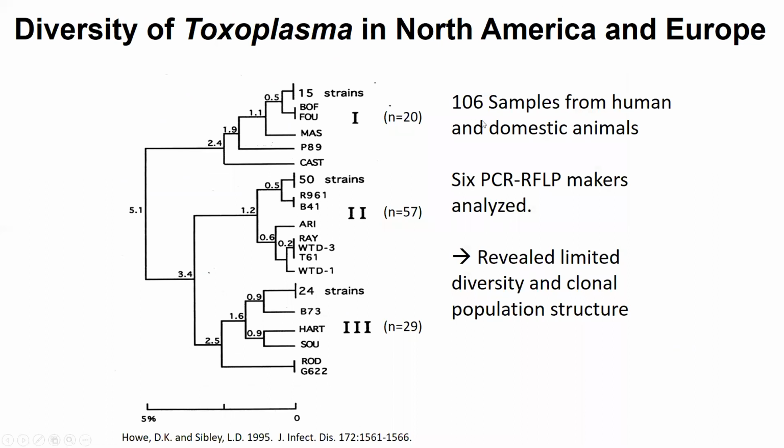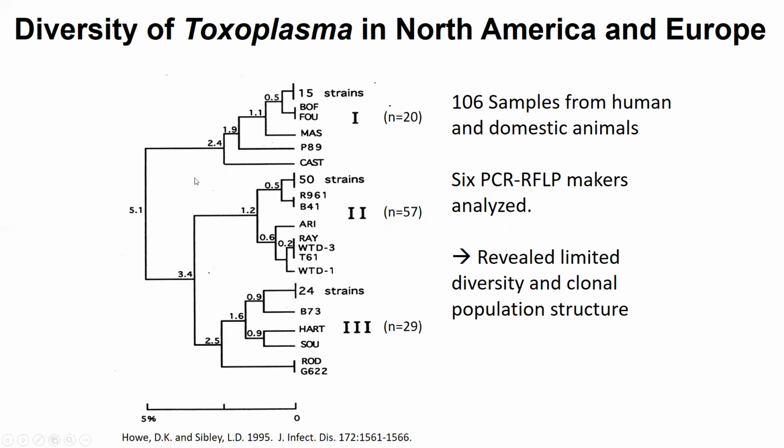So in this study, 106 samples were collected from humans and some animals, and many of those samples overlap with the previous study. If you look at the phylogenetic tree here, in this case they used PCR-RFLP with 6 markers, and it can divide those samples into 3 groups, just like the microsatellites: type 1, type 2, and type 3.